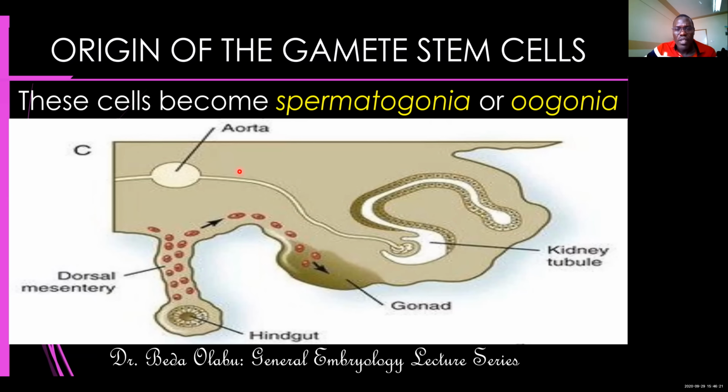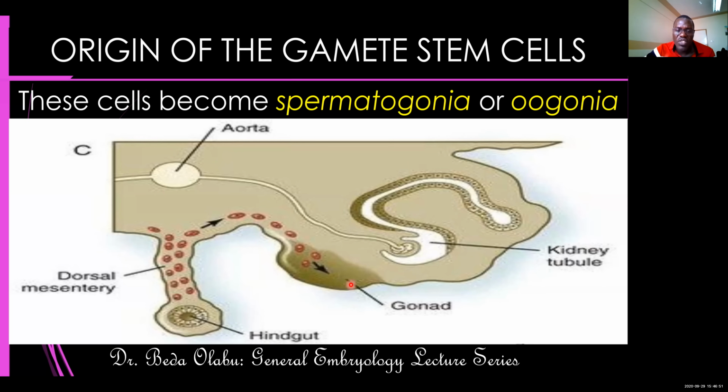Once they have invaded the developing gonad, they stay there, but they're the ones that will then constitute the stem cells for forming sperms or stem cells for forming ova. The stem cells for forming sperms are known as spermatogonia. The stem cells for forming the oocytes are known as oogonia. What makes them become spermatogonia and not oogonia is dependent on the gonad that forms.